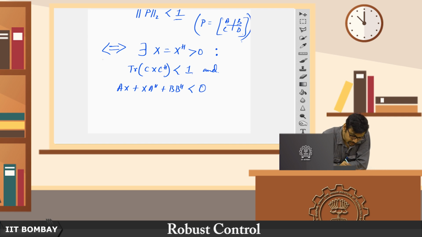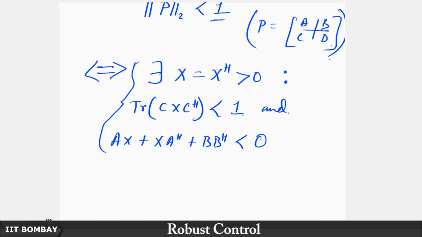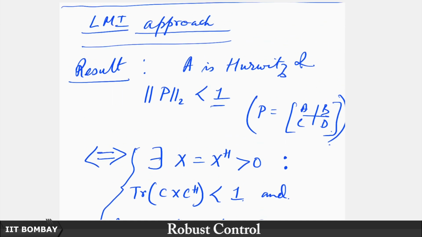Why is this second formulation important to us? Because this already has the makings of an LMI based formulation, you see. This first part is exactly how we have formulated our H2 optimization problem.